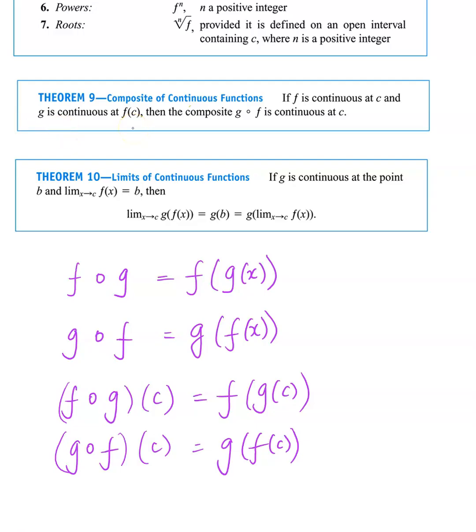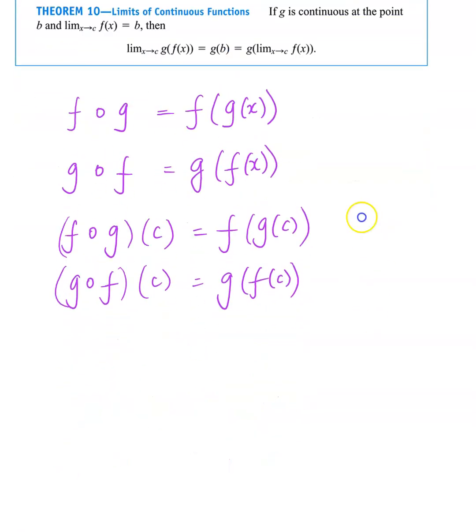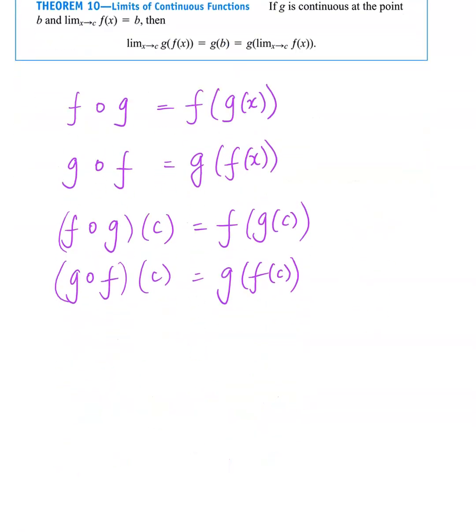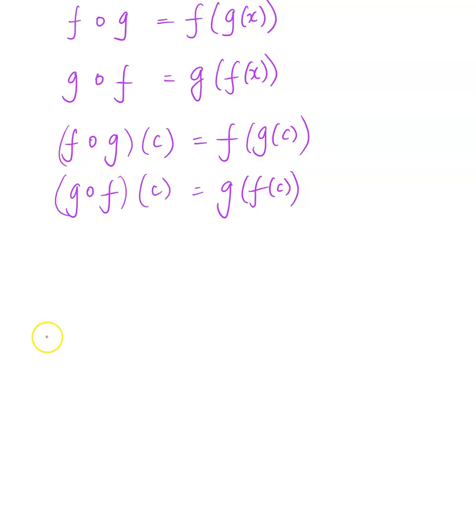So if you want to see this in a linear fashion, let's say this is a point C, and this point will be f of C. This point is g of f of C. Okay.